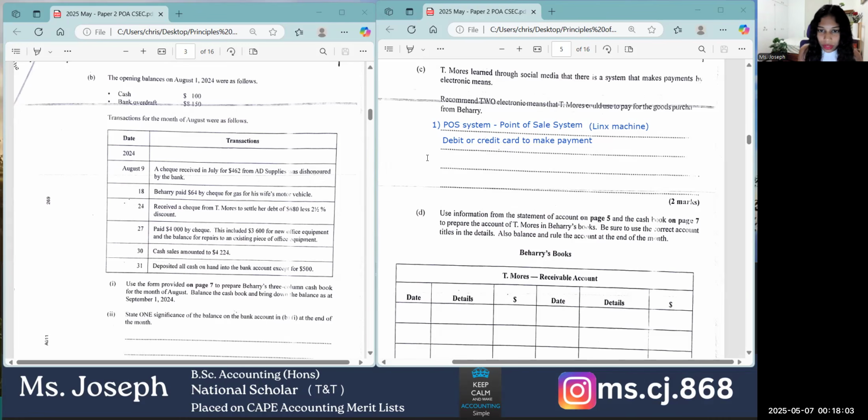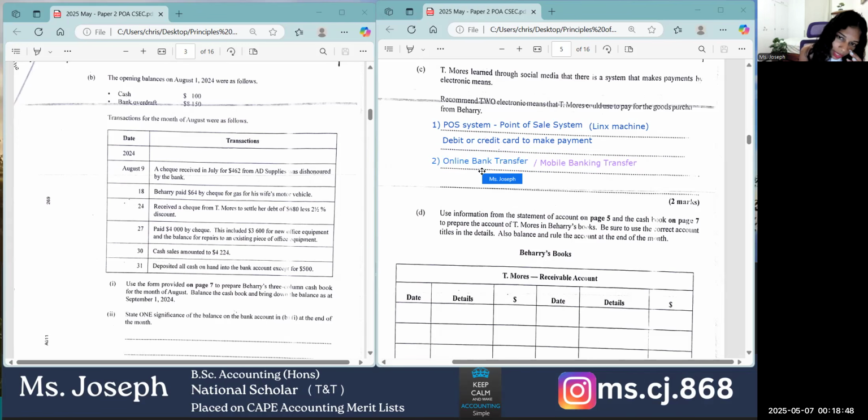Number 2, we could say online bank transfer, or you could also say mobile banking transfer. So this is where Timors can use his phone or computer, log into his bank account, and then he can use the bank information that Bihari gave to him to transfer the money without having to physically hand him cash or a check.